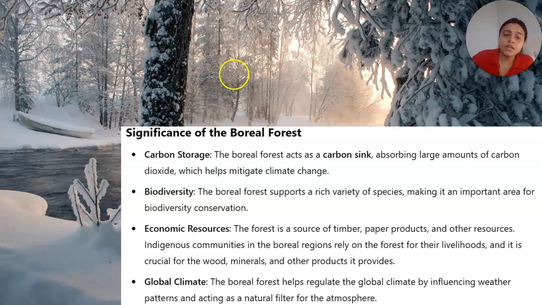Now significance: carbon storage, because it helps to soak in carbon and helps in mitigating climate change. Biodiversity: it supports a rich variety of species. Economic resources: obviously paper products, timber and other wood materials.